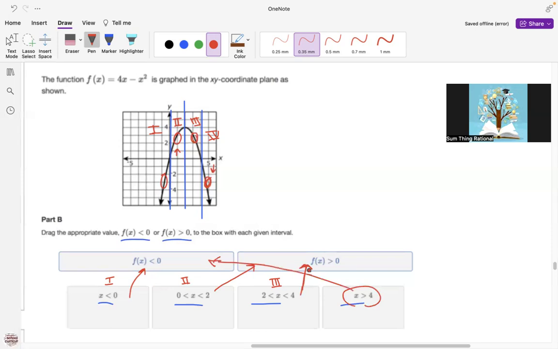I hope you understand where the intervals are where the function is bigger than 0 or less than 0. In a simple way, you need to look for the part of the function above the x-axis or below the x-axis for the given interval.